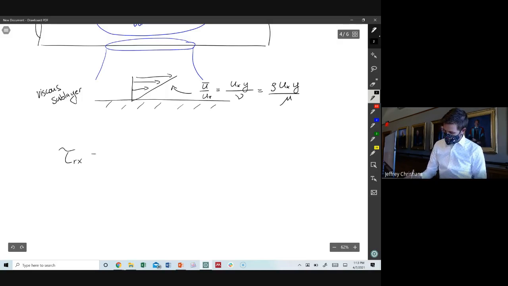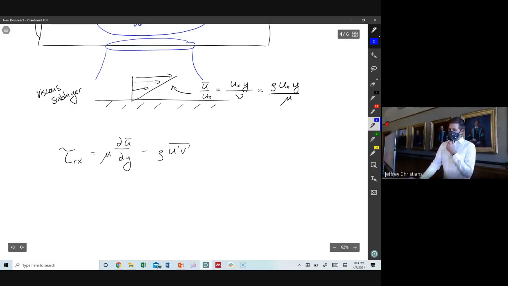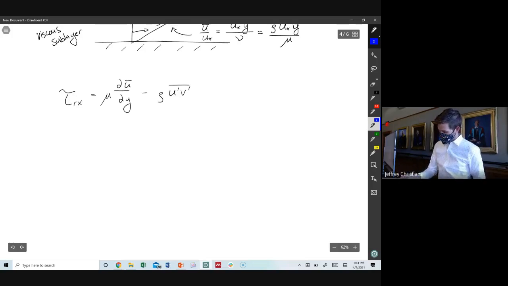like looking at the shear stress. So this is something we wrote down last week, du dy minus rho u prime v prime bar. If you remember, we wrote this last week. This is what the shear stress looks like in fluids. It's made up of two parts.